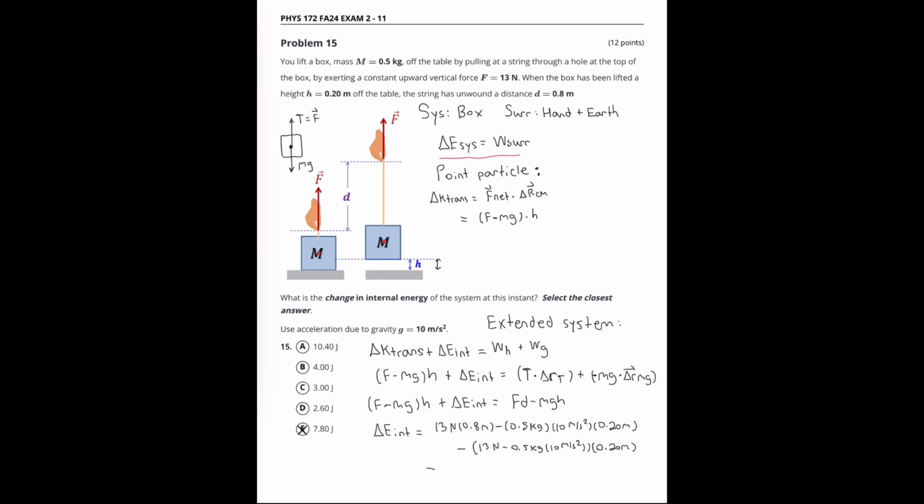And when we simplify that, we get that the change in internal energy is approximately 7.80 joules. And this will correspond to answer choice E.